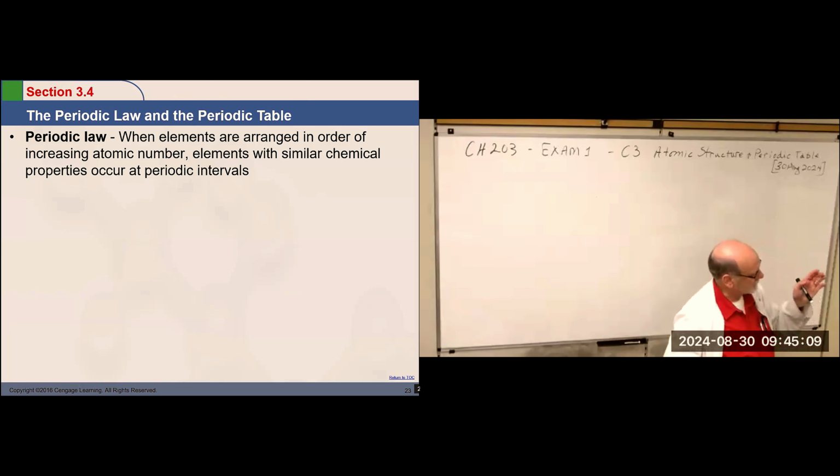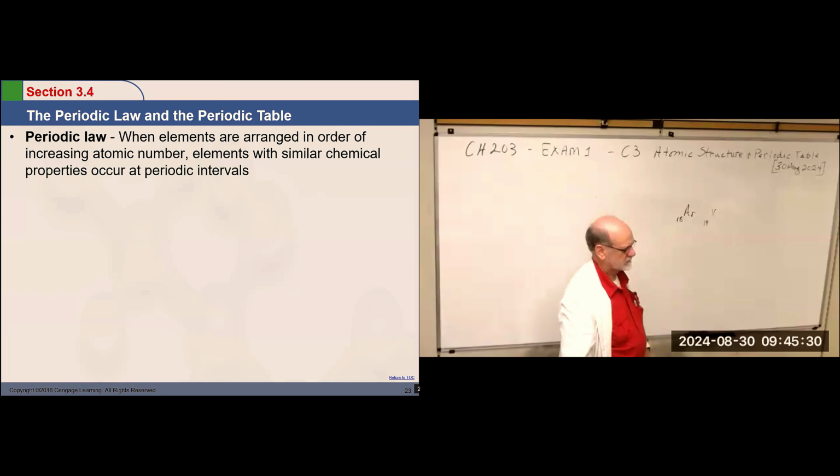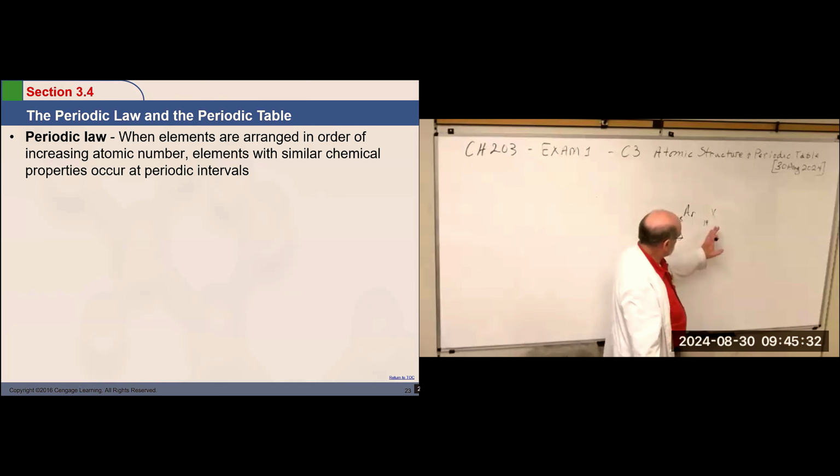And he noticed that as he moved from left to right in his groups, he'd have a group here and a group here. It got down to the end, say it got down to argon. So you have argon down here. And then he had an element out here that had 19 protons, right?